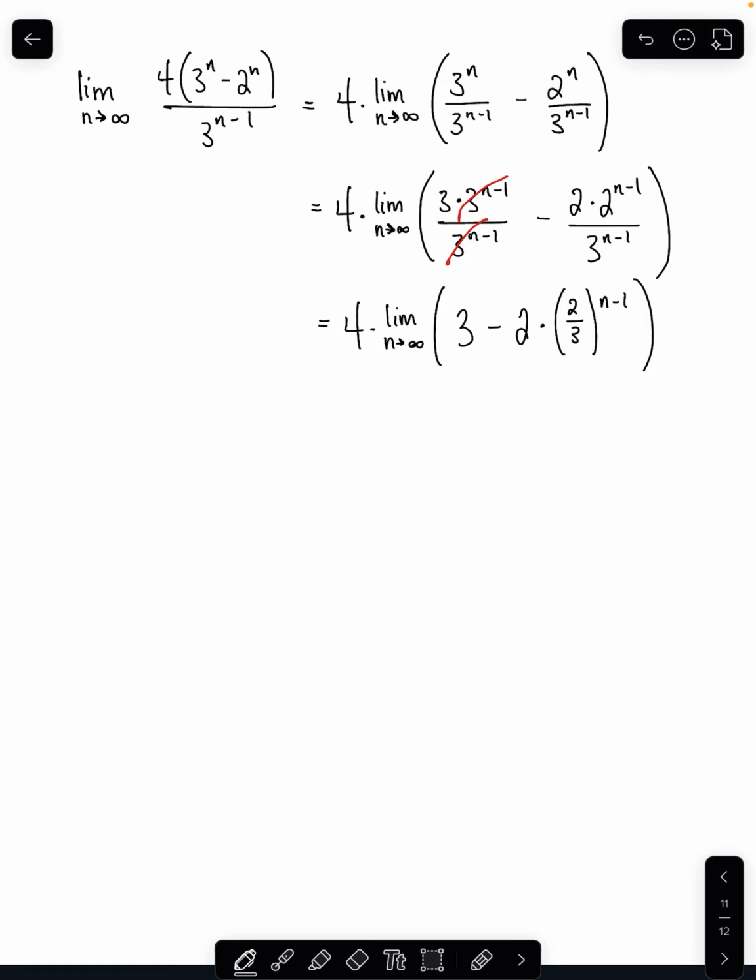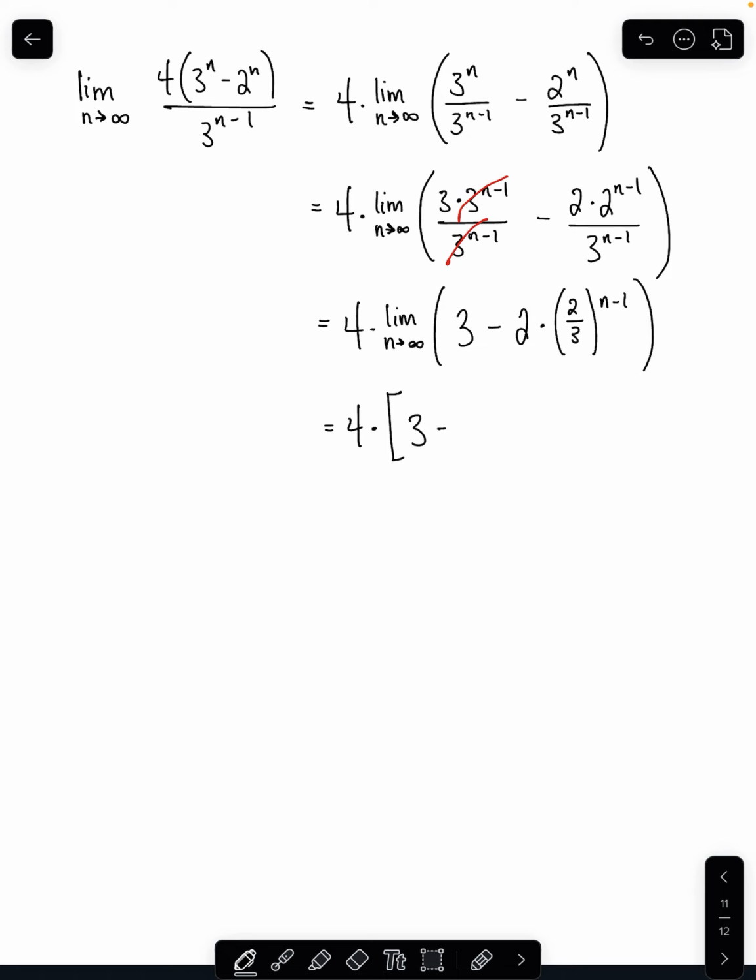Of course, the limit of 3 is 3. But as we already talked about from the proof of a geometric series, if we take a ratio that is smaller than 1, like 2/3, and let its power approach infinity, then each thing will get smaller than it was before. 2/3 of 2/3 of 2/3 of 2/3 means we're going to keep getting smaller.